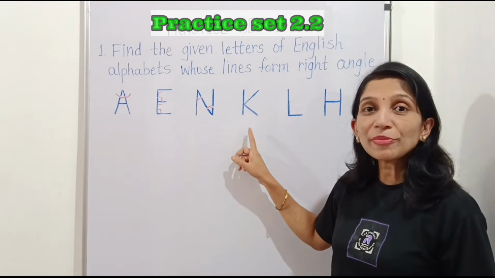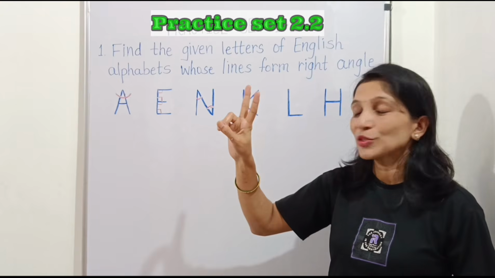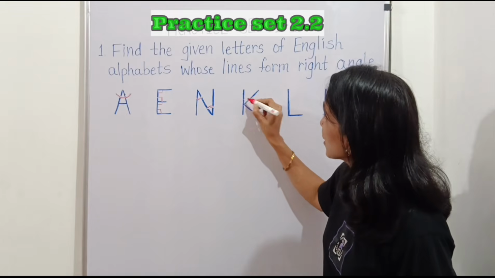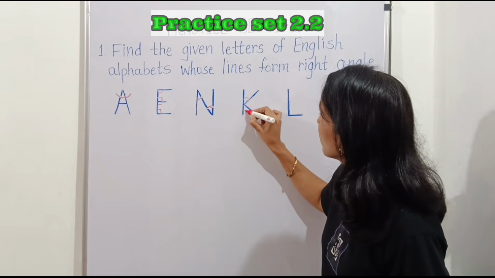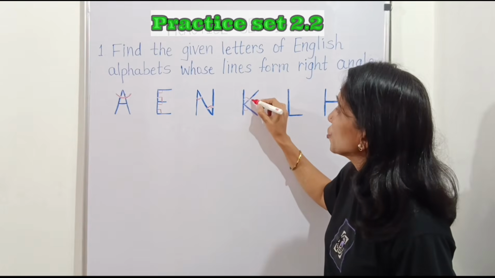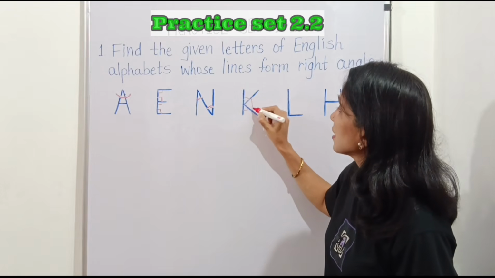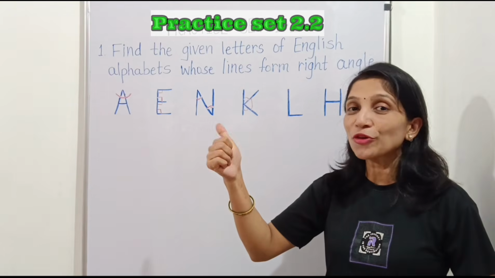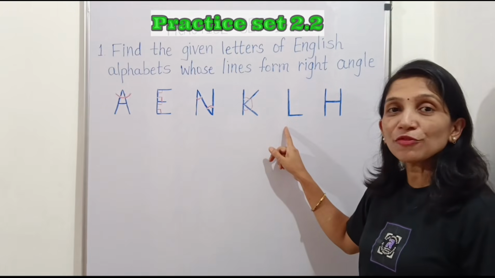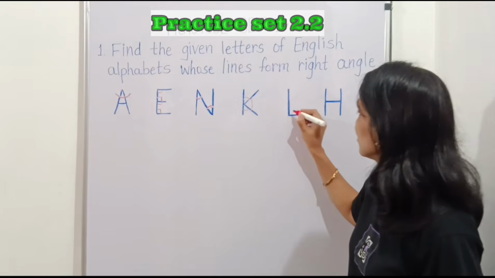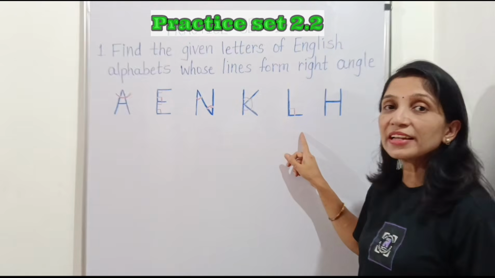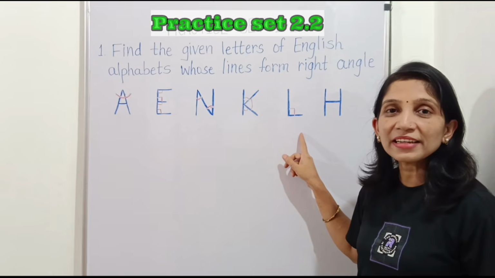Next, alphabet K. You can see here it forms an acute angle. And here an obtuse angle. That means not forming a right angle. Next is alphabet L. In alphabet L, one right angle can form.